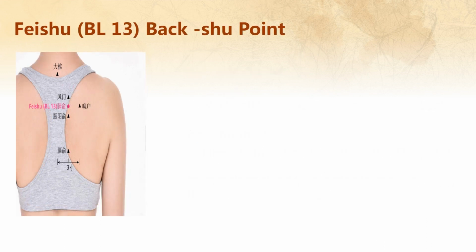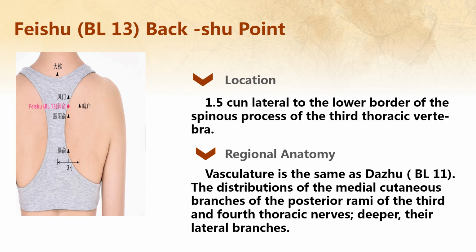The fourth point is Feishu. The acupoint is located 1.5 cun lateral to the lower border of the spinous process of the third thoracic vertebra. The vasculature is the same as Dazhu mentioned above.